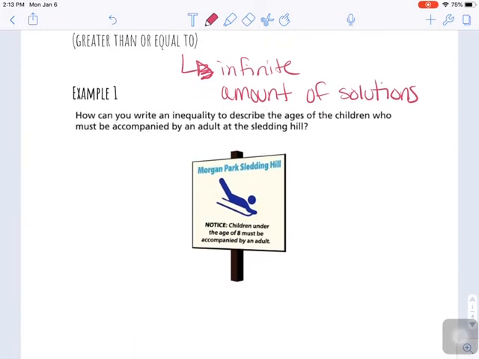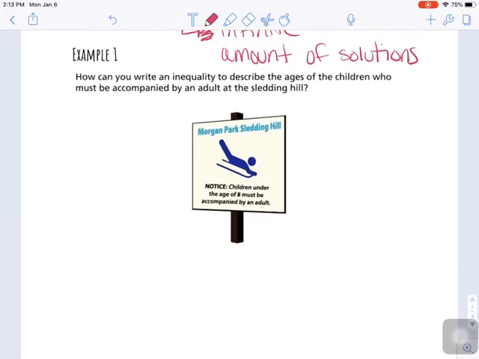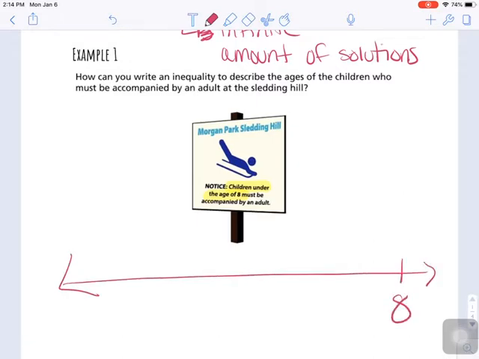So example 1 says, how can you write an inequality to describe the ages of the children who must be accompanied by an adult at the sledding hill? And what we see here is it says children under the age of 8, so underneath the age of 8. So let's first list out, I'm going to draw a number line. Let's list out, if we're starting at 8, what are some ages that the kids could be if they have to be accompanied by an adult?